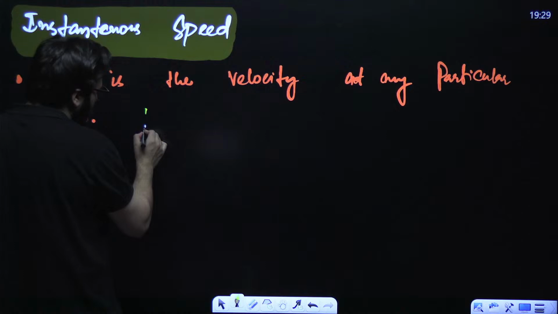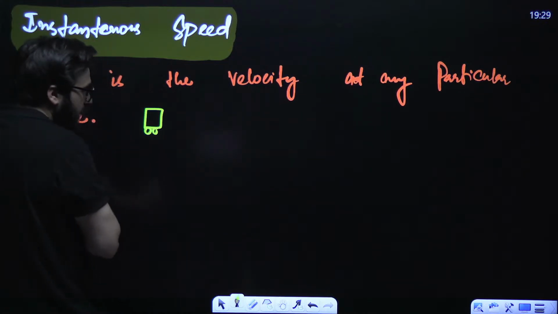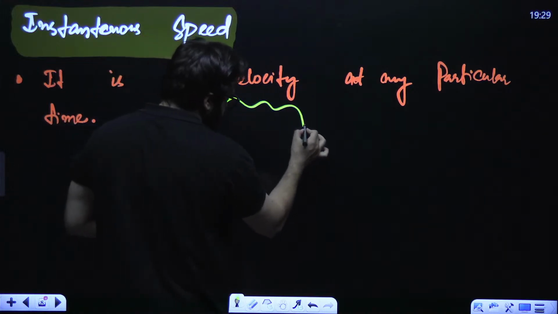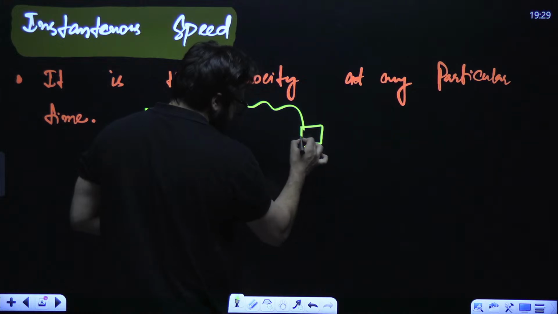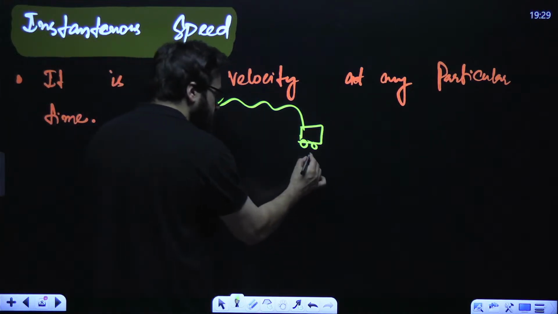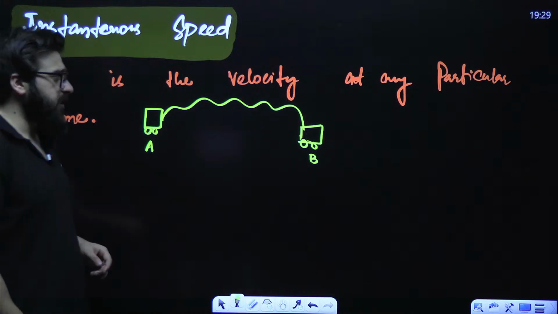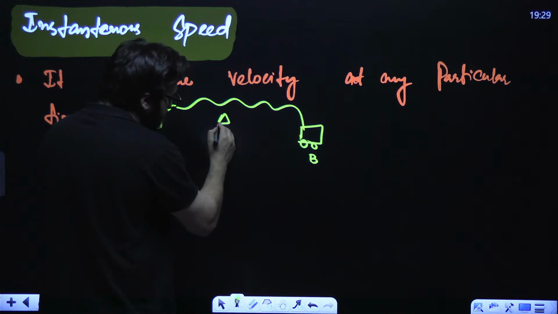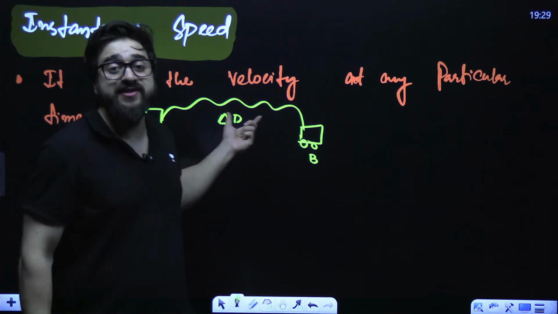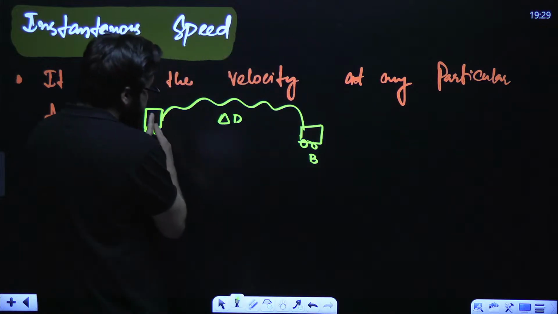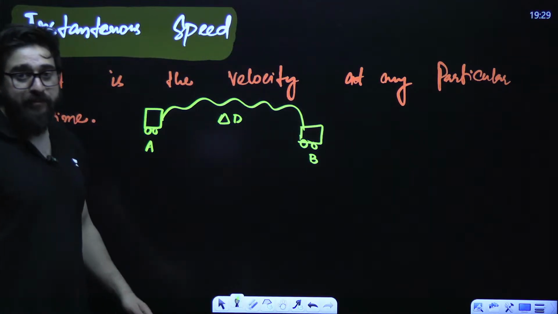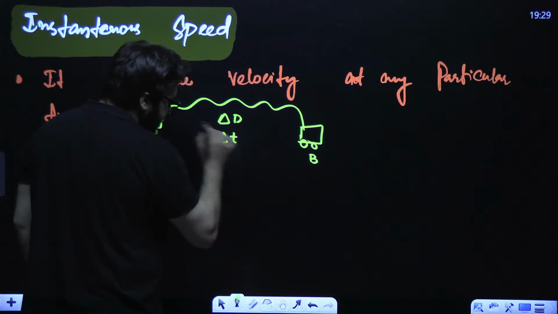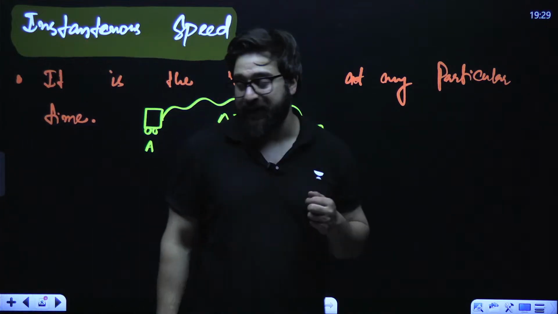Let's suppose an object is moving from point A to point B. In this particular case, it is covering this much distance, let's suppose this is delta D. D is the total distance covered by the object. And let's suppose it is taking the total time delta T.